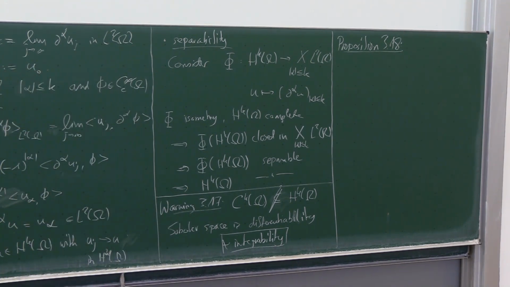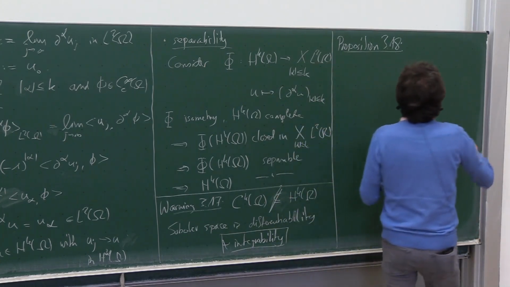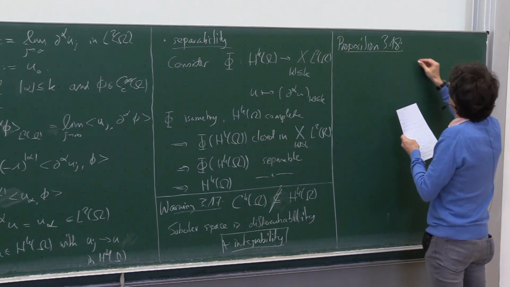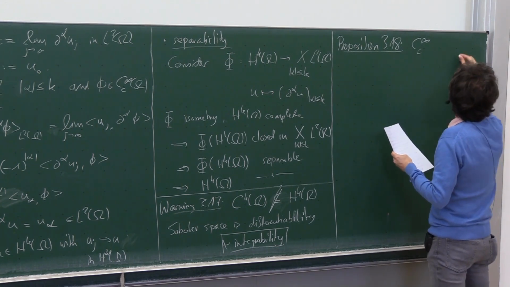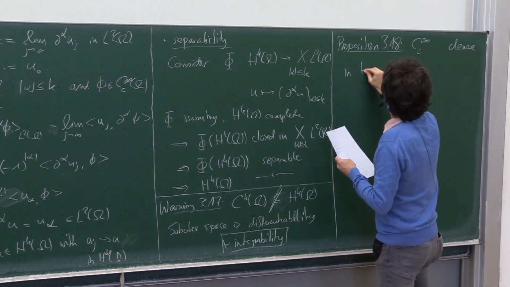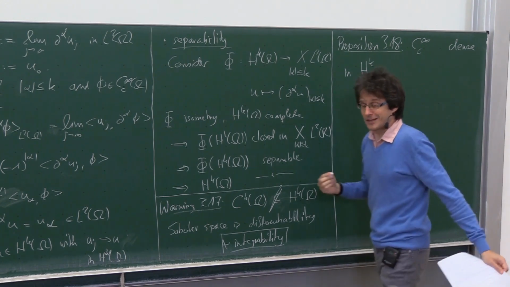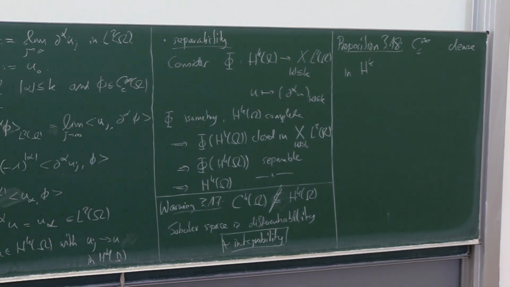Because if you want to do proofs, it's always nice to have a small dense subspace in which you can reduce things. So one question could be, what about C_c^infinity and H^k? Is C_c^infinity dense in H^k? That's a question.